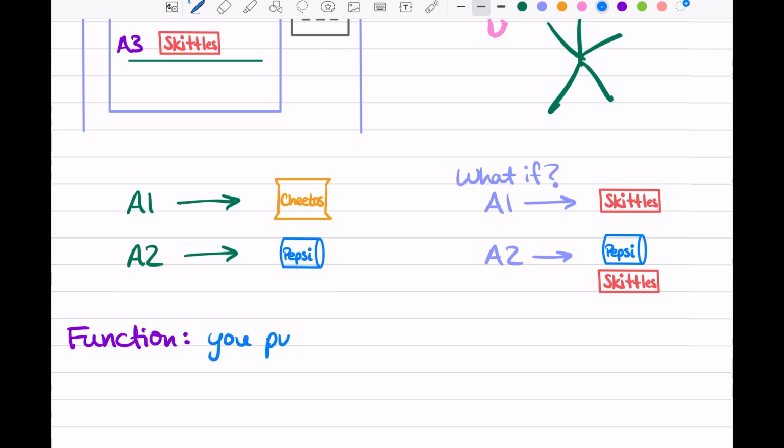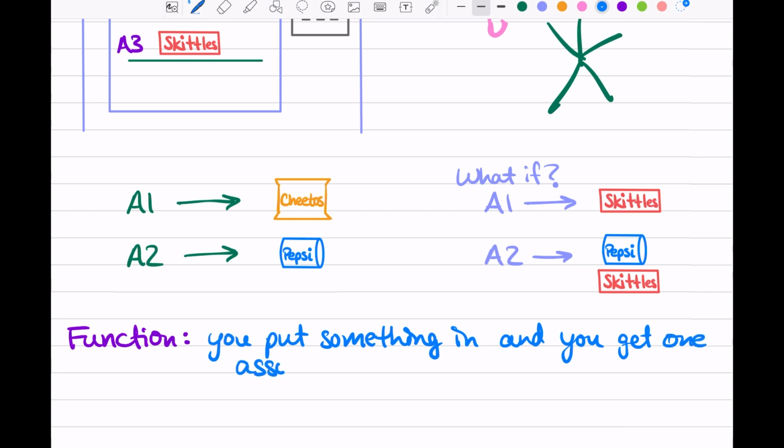You put something in, here we were typing A1 or A2, you put something in, and you get one associated thing out.